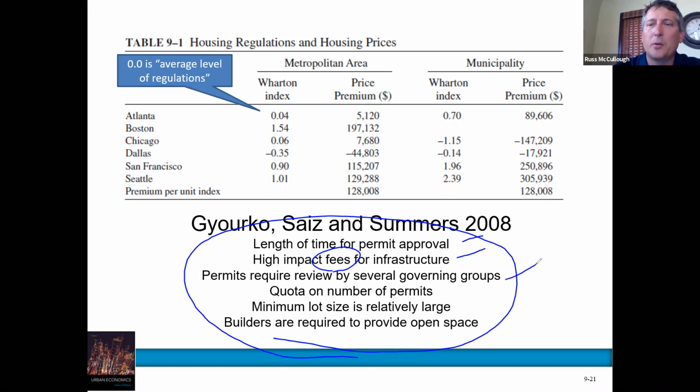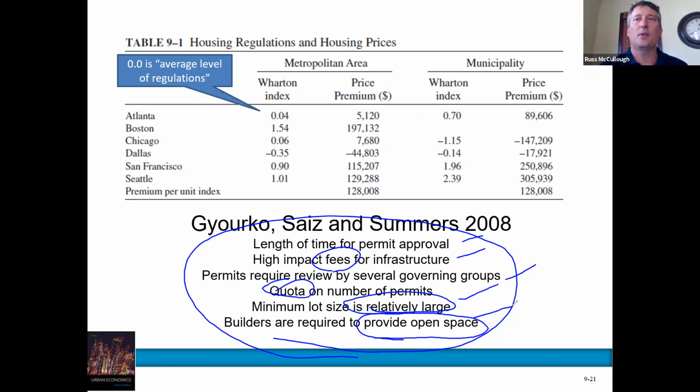Permits require review by several officials, which means there are meetings and time commitments and changes needed to plans. We've already mentioned the quota on permits. Minimum lot size is relatively large, so if you have a larger lot size, you usually need a higher valued house to offset that. And builders are required to provide open space like parks or green space, so the city could dictate that. Some cities have a lot of those regulations.